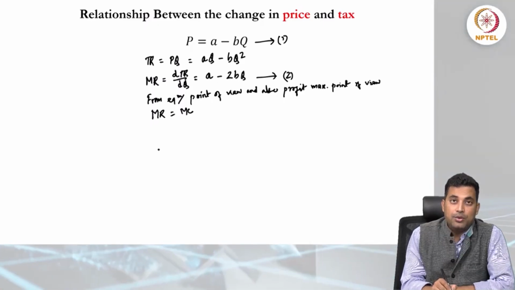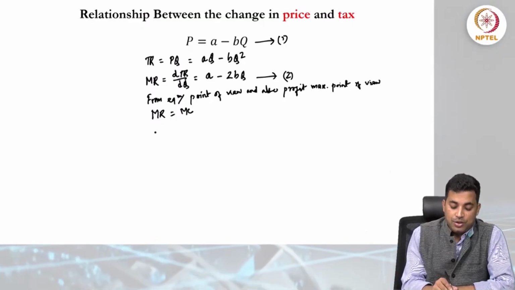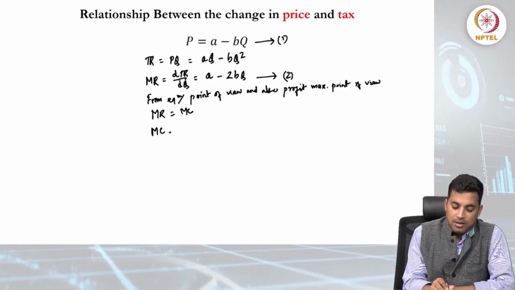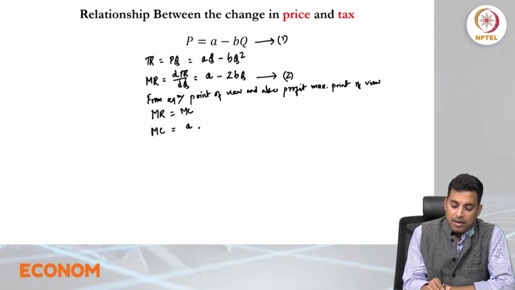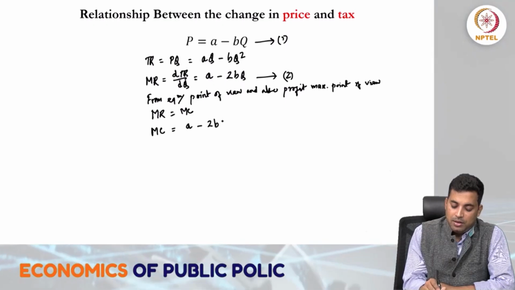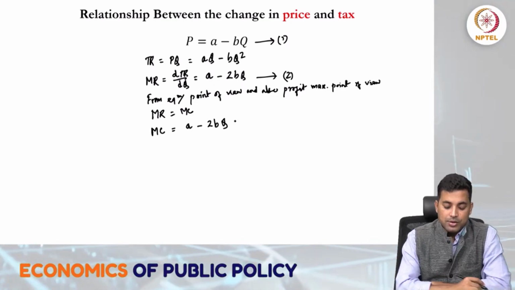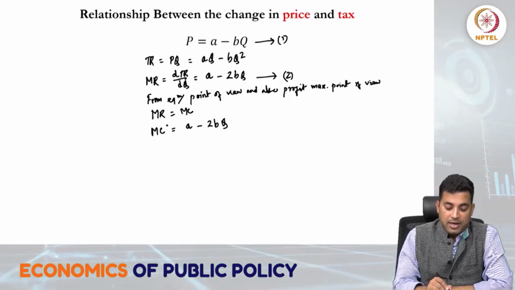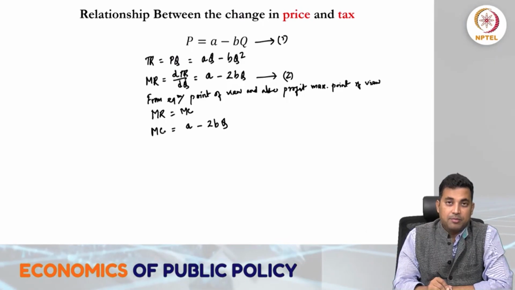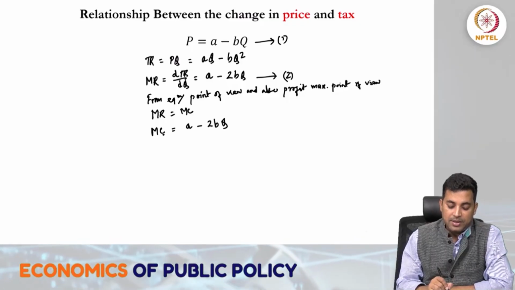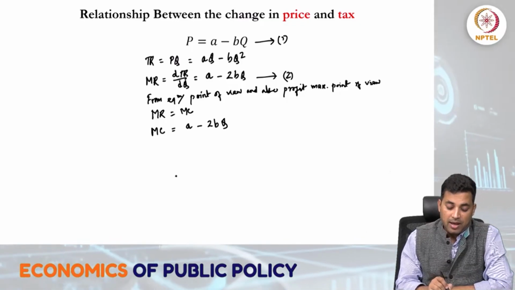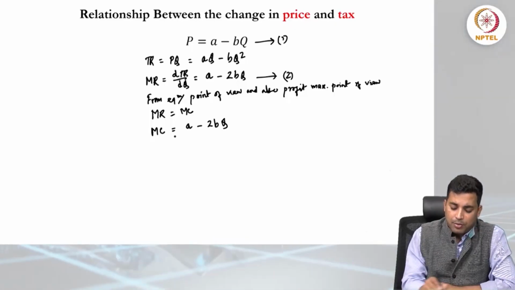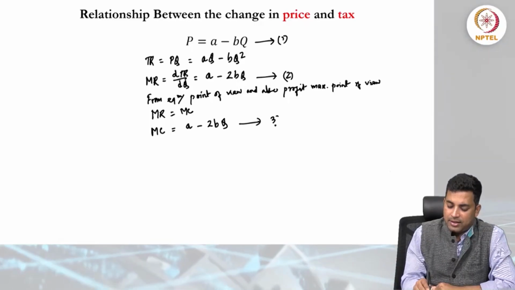If we put the value of MR into equation 2, we get MC equals A minus 2BQ. So if we replace MR by MC, it will be MC equals A minus 2BQ. Let us call this equation 3.